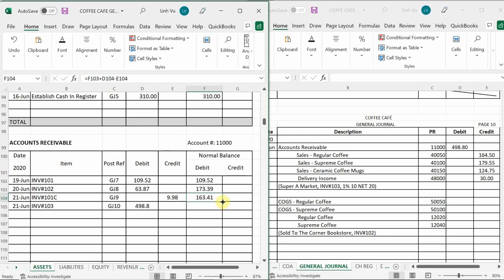We need to subtract. Not subtract. We have more people who owe me more money.